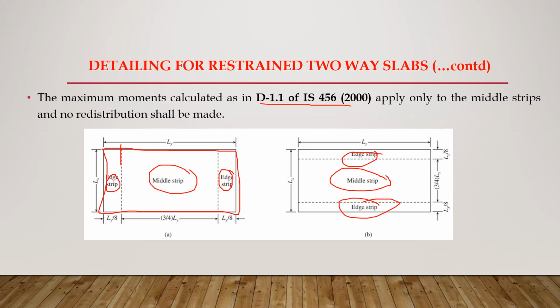Same is the case for the other direction. The width of these edge strips is 1 by 8 times the length of that direction. That means for the longer direction it is Ly by 8, Ly by 8, and for the shorter direction it is Lx by 8 and Lx by 8. The remaining width, 3 by 4 Ly or 3 by 4 Lx, is the width of the middle strip. So we can divide our restrained slab into edge strips and middle strips.